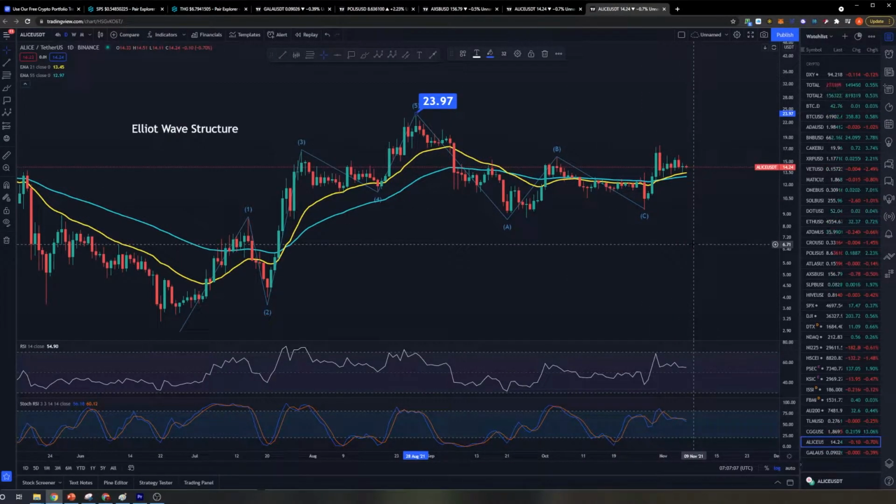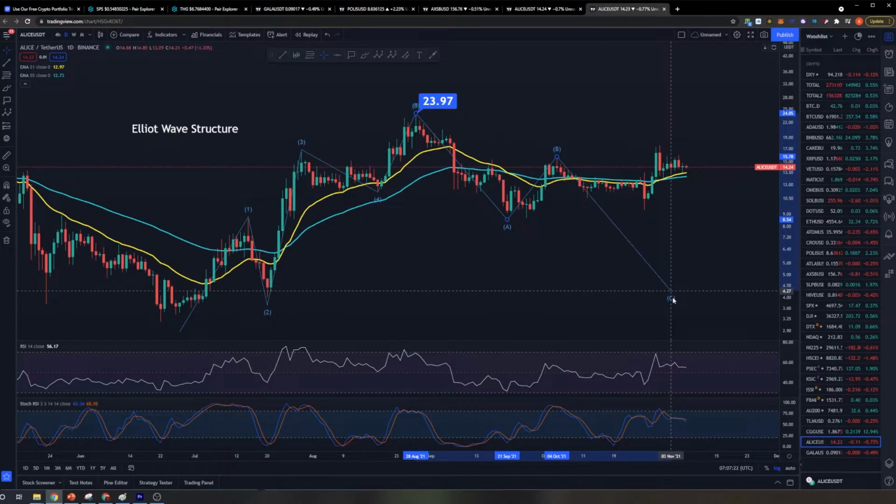The recent price action of Alice here is a perfect example of why C waves tend to be very unpredictable. Because in other cryptos that we've covered, if you watch my other videos, the C waves of their price action tend to be very low.